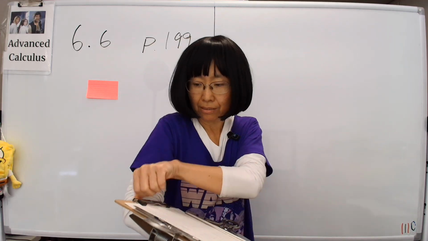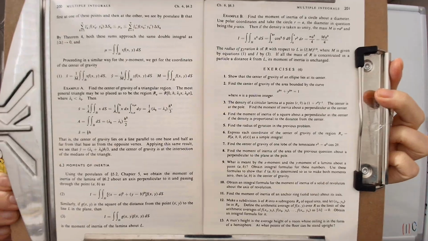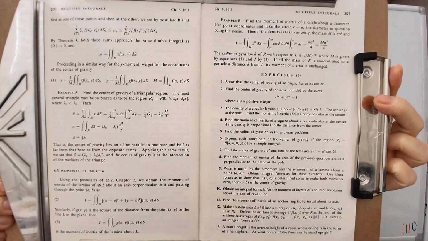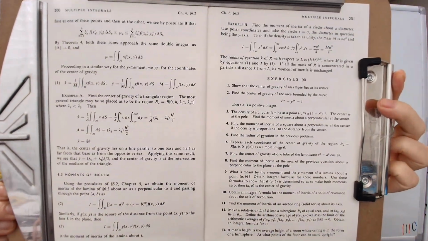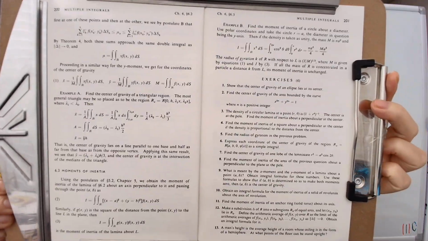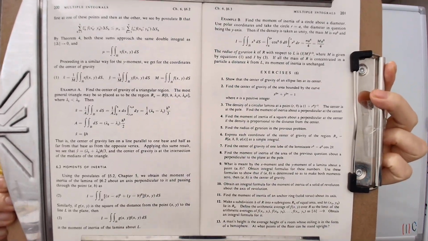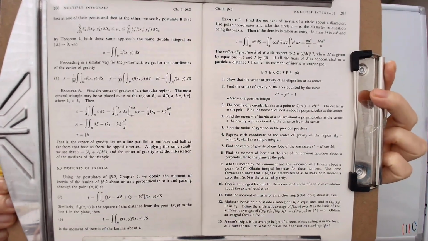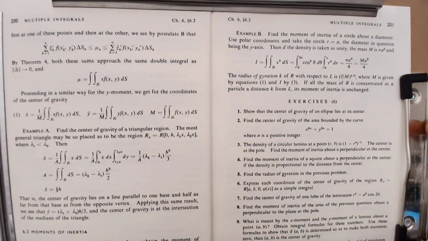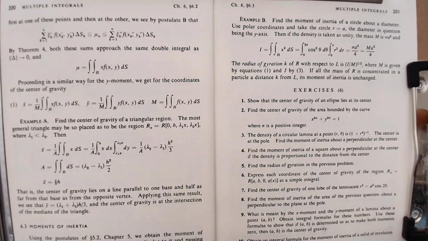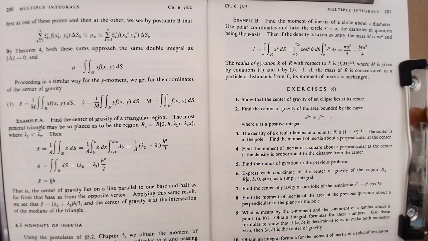All right, next, pages 200 and 201. We have that, I guess. Okay, and then zoom in a little bit more on top, and a bit on the bottom.